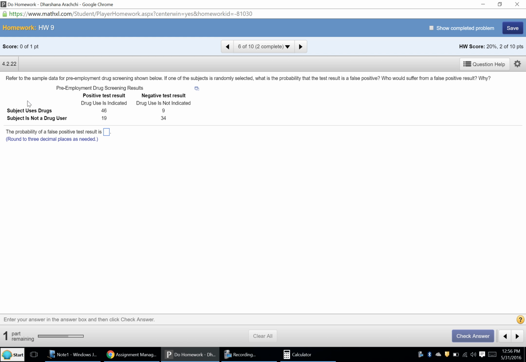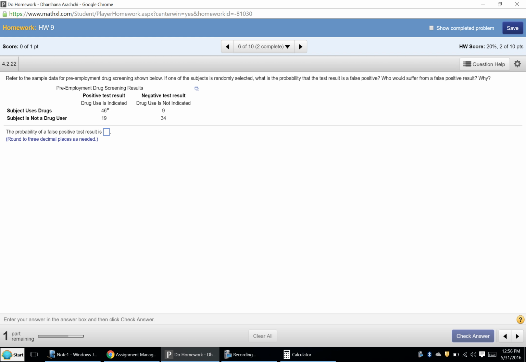Now the first column says positive test results. When these subjects are subjected to the drug test, the drug test happened to produce positive results. Here, what is this 46?